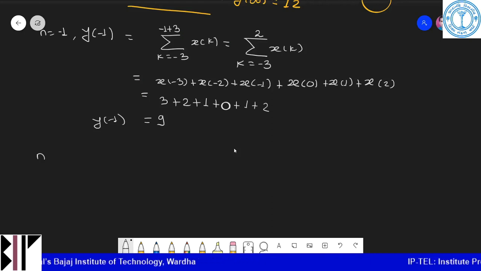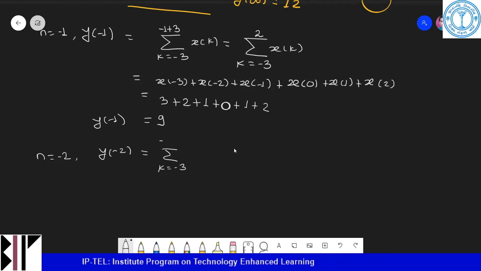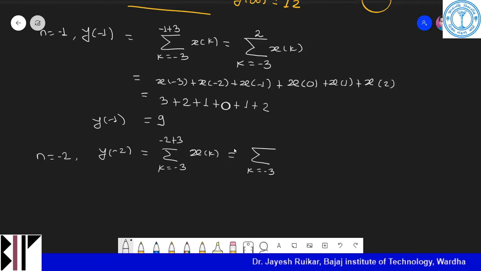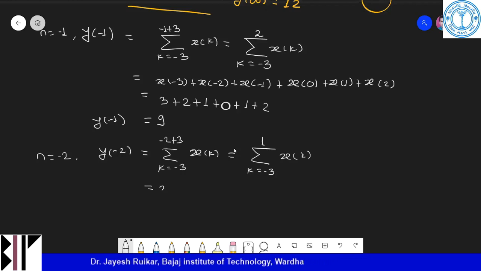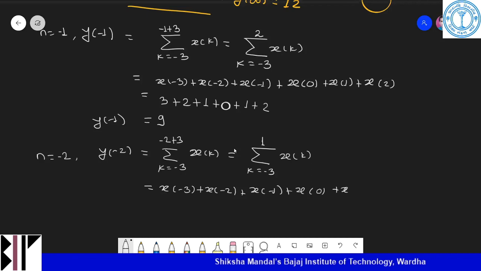Now put n is equal to minus 2, so you will get y of minus 2. What is y of minus 2? Again, a summation k goes from minus 3 to minus 2 plus 3 of x of k, which is nothing but k goes from minus 3 to 1 of x of k. That is equal to x of minus 3 plus x of minus 2 plus x of minus 1 plus x of 0 plus x of 1.